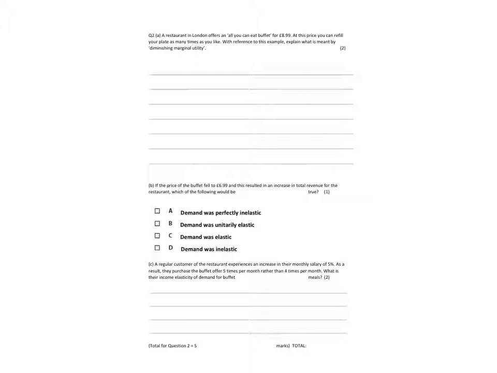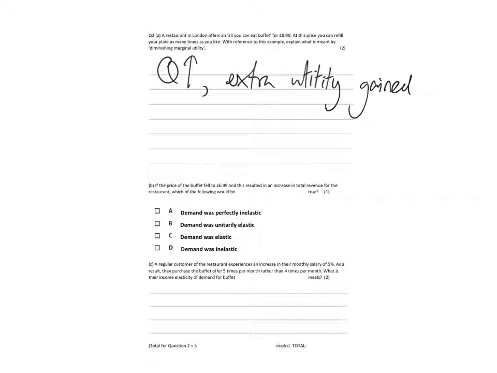The concept here really refers to the idea that as our level of consumption increases, as we consume more units, the extra utility that we gain begins to fall. So for each extra plate of food that we consume from the all-you-can-eat buffet, each additional plate is delivering us less and less extra utility or additional satisfaction.